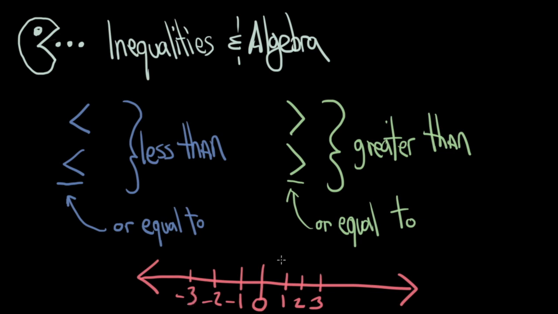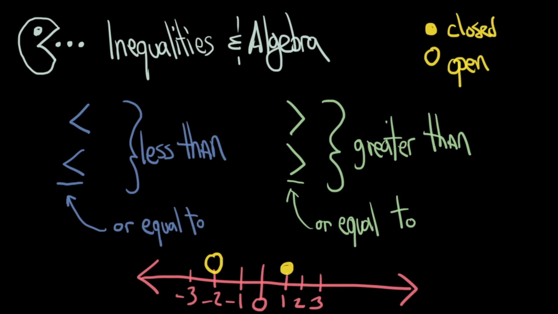And the biggest thing that we need to understand for our number lines is we have a closed circle, and we also have an open circle. So those are the two types of circles that we're going to be using on number lines. It's either going to be open or it's going to be closed. And there is a difference.